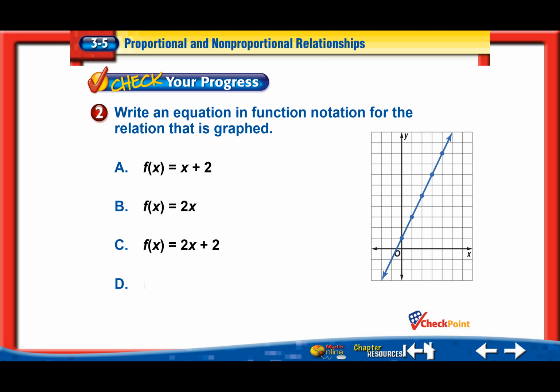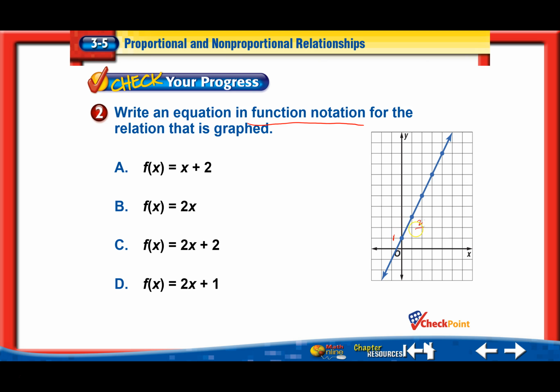Write an equation in function notation, so that means it has to have f of x in there, for the relation that is graphed. All right, it's going up. There's a y-intercept of probably 1, since they didn't say it was anything else. I've got a slope of rise over run, 2 over 1, so that'd be 2.